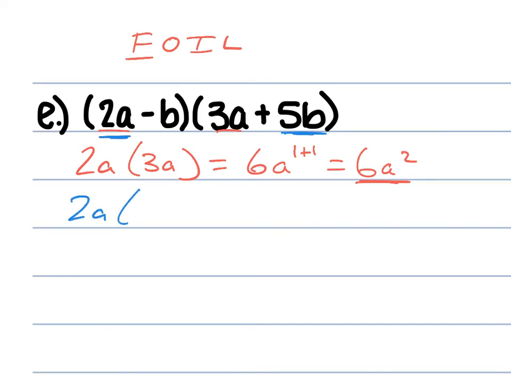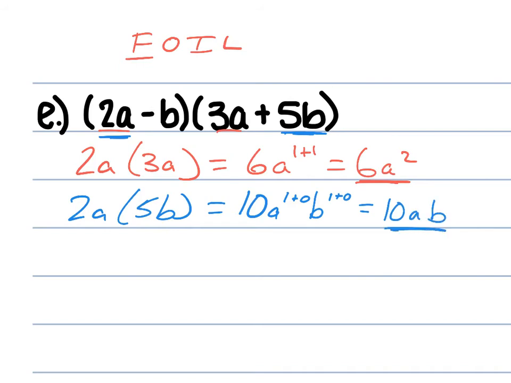2a times 5b becomes 10a to the 1 plus 0, b to the 1 plus 0, which then becomes 10ab. Perfect. Okay, negative b times 3a.